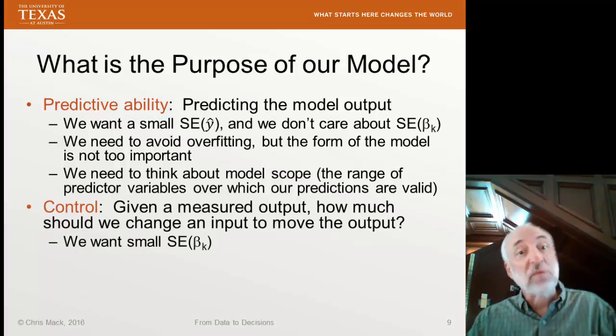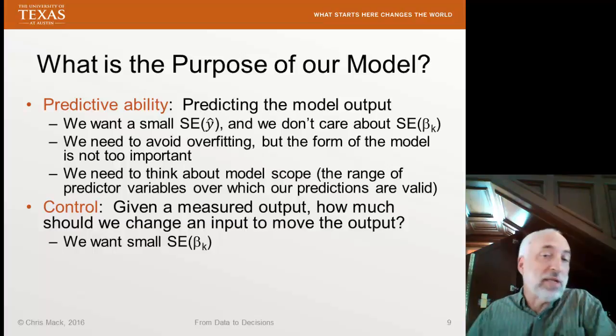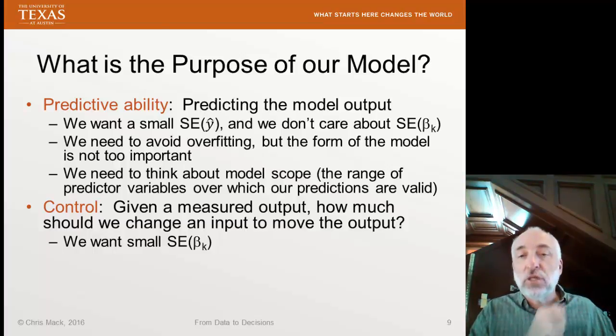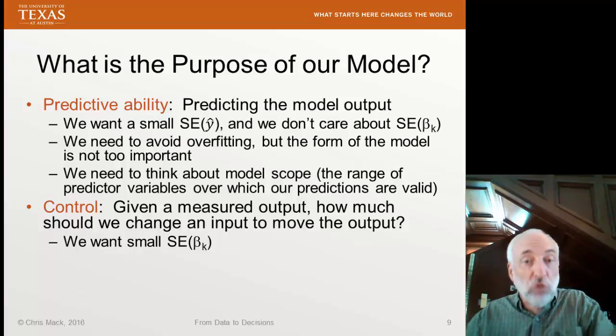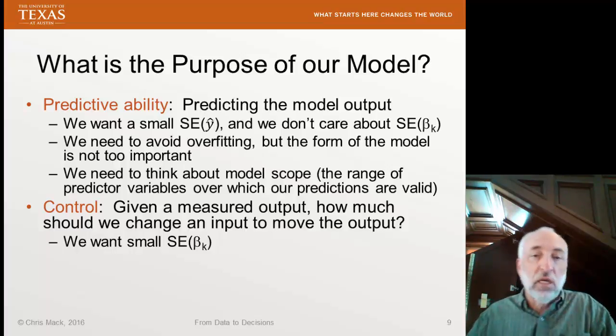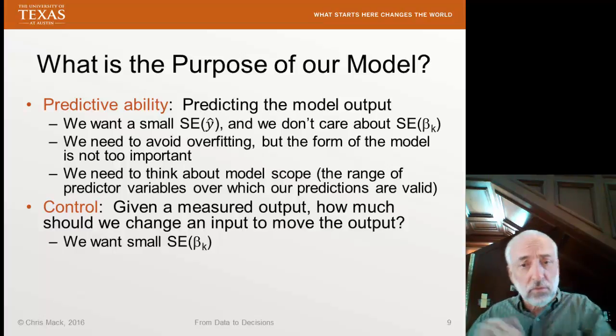Another purpose of a model might be control. I'm measuring the output of something and it's not what I want it to be. I want to change inputs to this process to move the output to where I want it to be. How much? What are the right input variables in order to get the output to move?